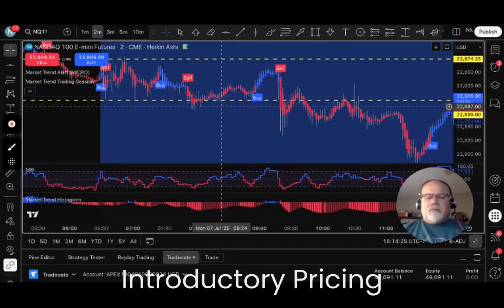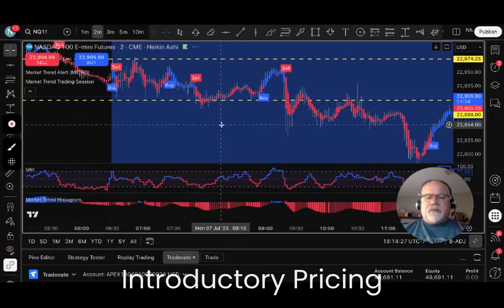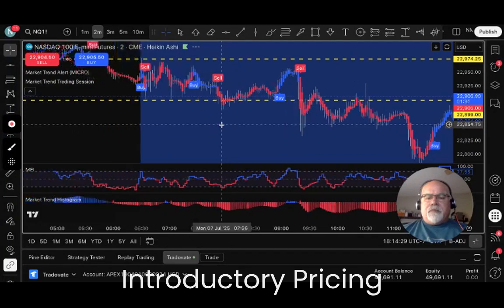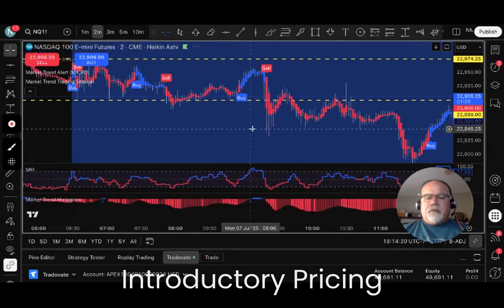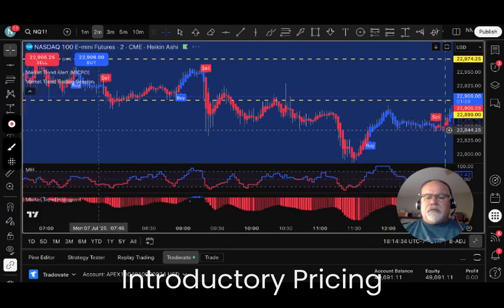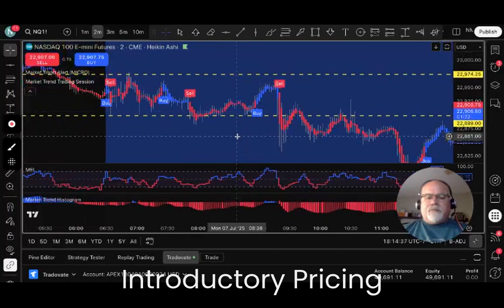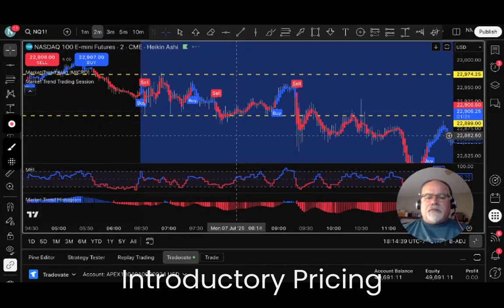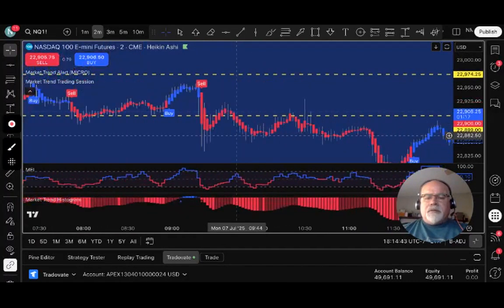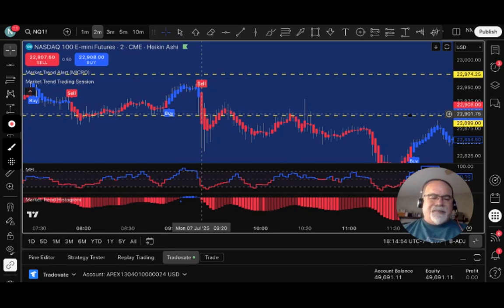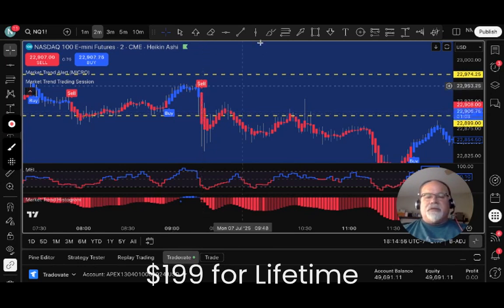Now let me just spread this out a little bit. It's going the opposite direction I want it to. Okay, so the first time I got an agreement outside of the channel is right here on this candle. This was the first trade that I took this morning.